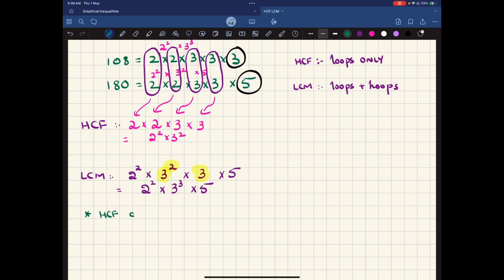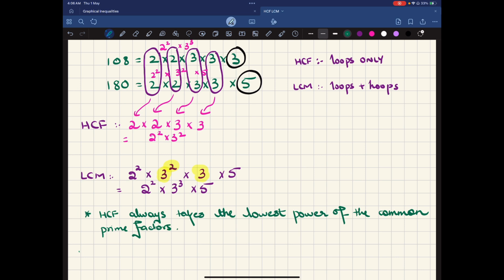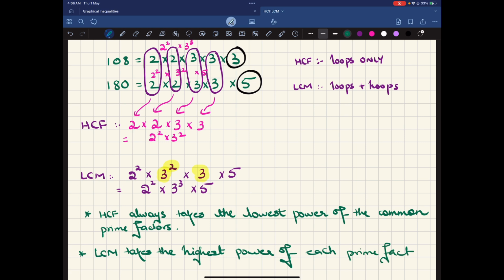So HCF always takes the lowest power of the common prime factors, while LCM takes the highest power of each prime factor that appears.